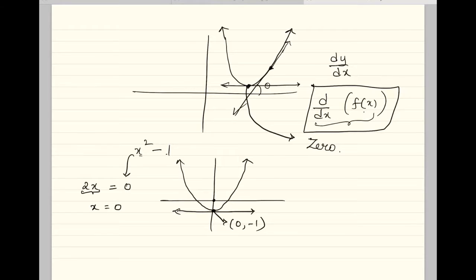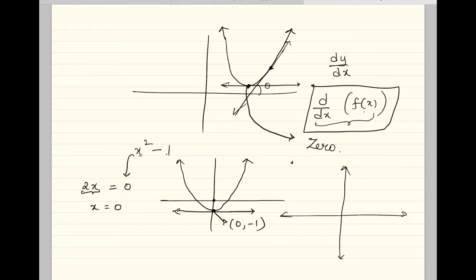Now why are we interested in finding out the points at which the slope is 0? Because for polynomials, any polynomial you take, suppose if the polynomial is like this, if it goes from minus infinity to infinity, there is no problem, range you can easily find out.